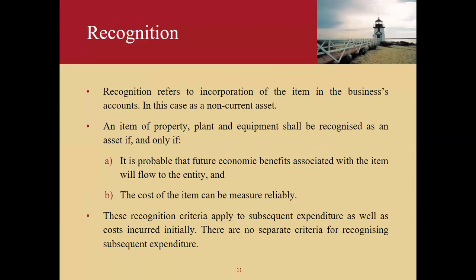Recognition refers to incorporation of the item in the business's accounts, in this case, as a non-current asset. Property, plant, and equipment is found in your statement of financial position under assets, and specifically non-current assets.